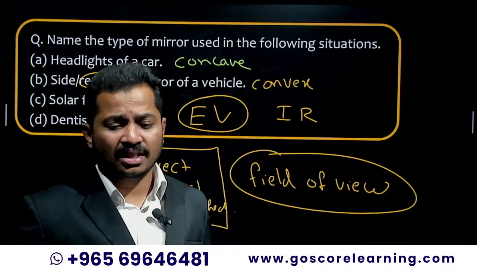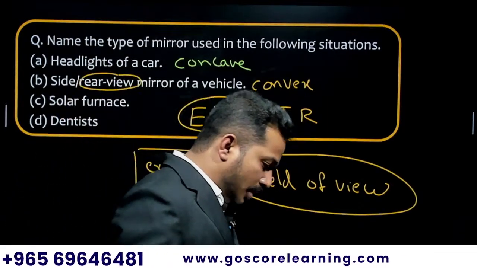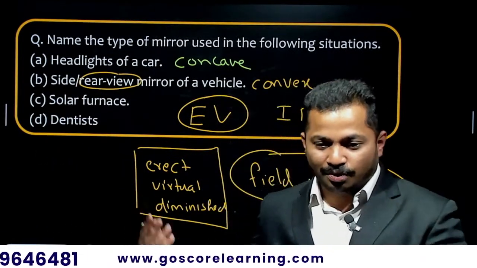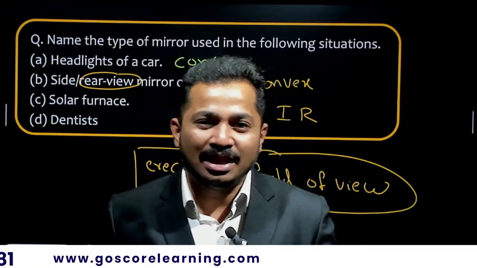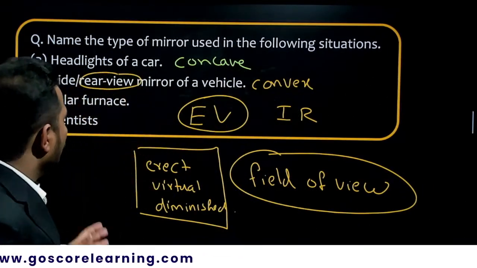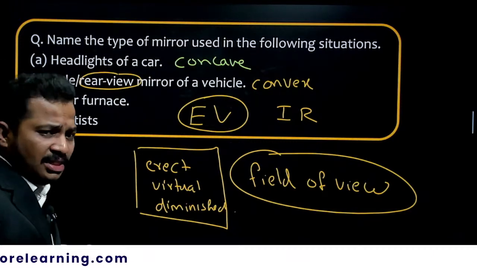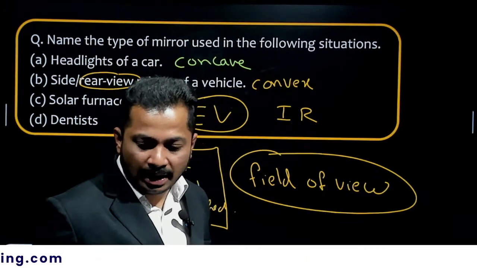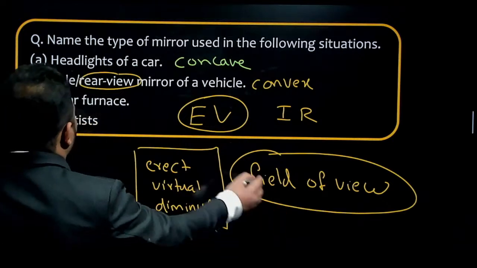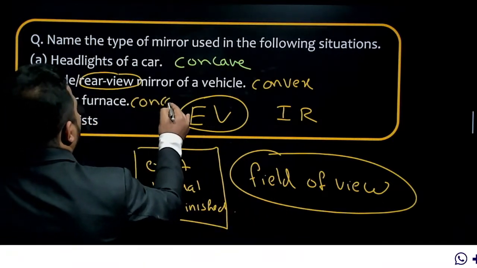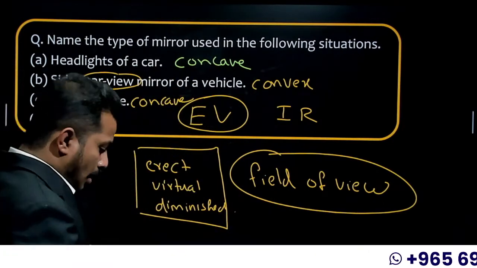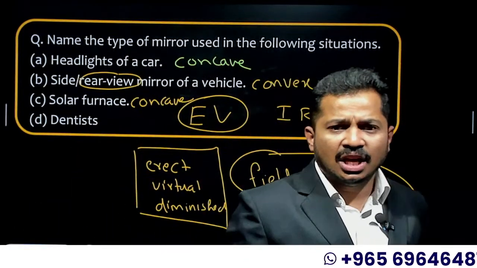It is better if you google solar furnace, you will get an image. Solar furnace means a solar cooker, which uses sunlight to cook. Because of copyright, I can't simply give the image in the slide. Is there anyone who can answer this question? Solar furnace is using a concave mirror.